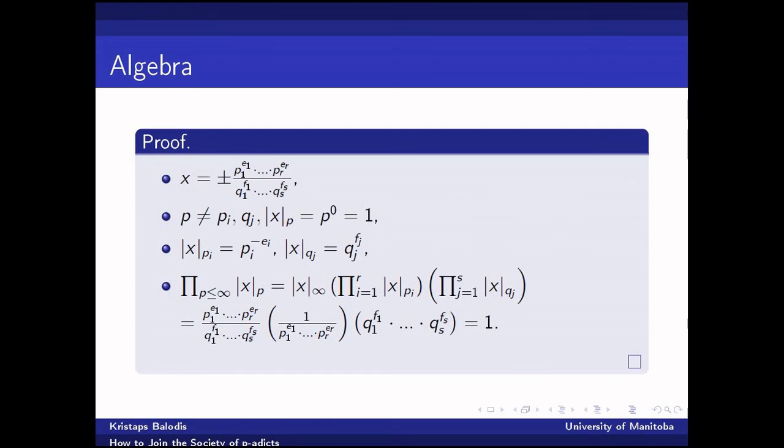And then similarly, for our q sub j valuations, we have these q sub j to the f sub j, and those are going to be up top in the numerator. But now if we look at this whole thing, we've got q sub j to the f sub j in the bottom for each j, and q sub j to the f sub j up top for each j, and similarly for the p sub i's. So all of this will cancel out and will come out to 1.